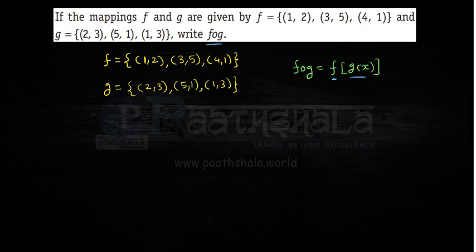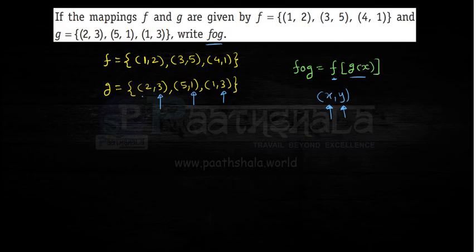So in this relation, or in this f and g, we can see in an ordered pair, the first element is always a domain element, that is the input value, and the second element, that is y, is always a range element, that is the output value. So for g, we can see 3 is the output, 1 is the output, 3 is the output.